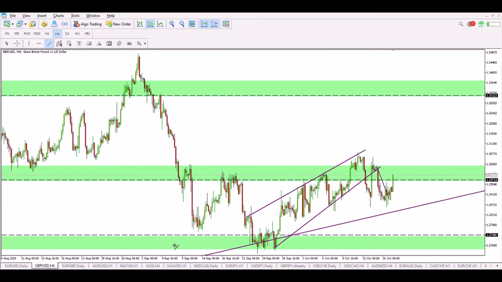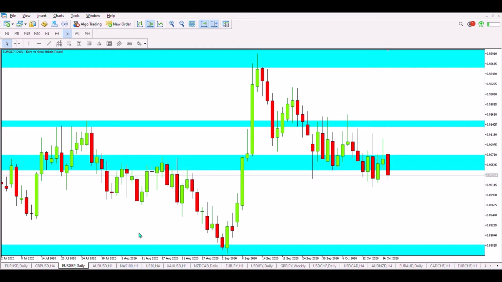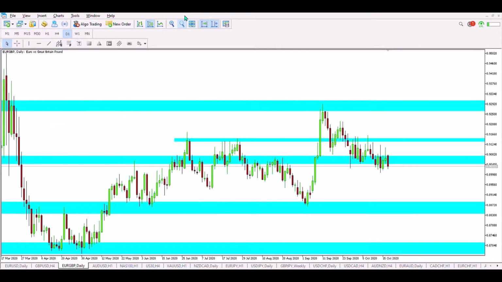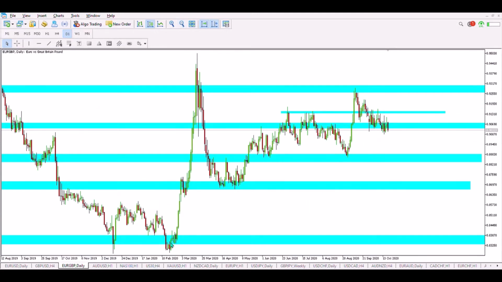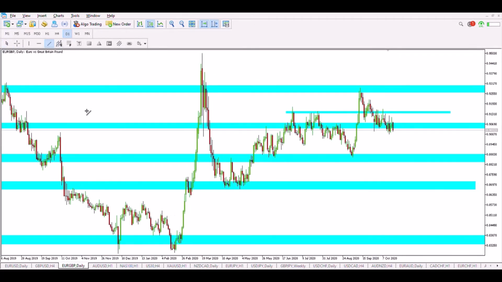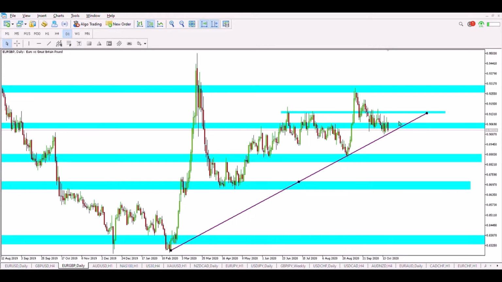Let's move to the next pair, and the next is actually EUR/GBP. And what I see here, let's move to the daily. Let's draw one trend line from here to here, and we see that we are very close to the trend line, so we can see another push to the upside.